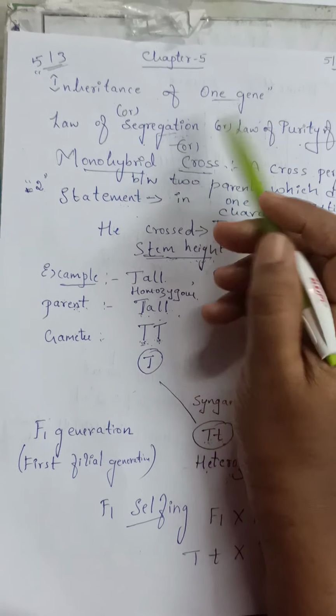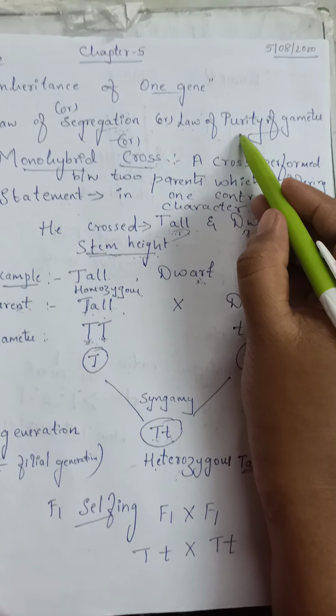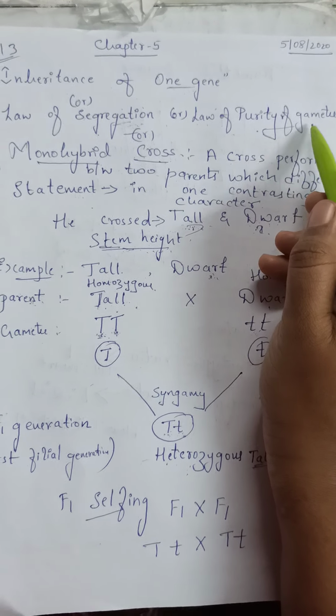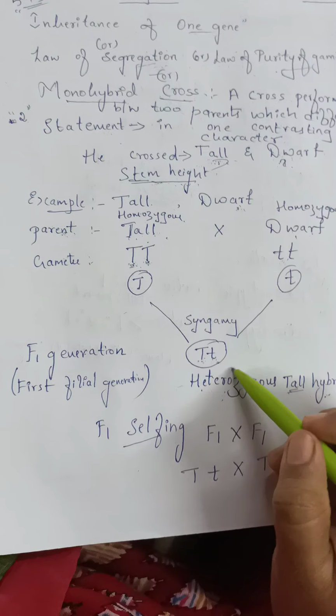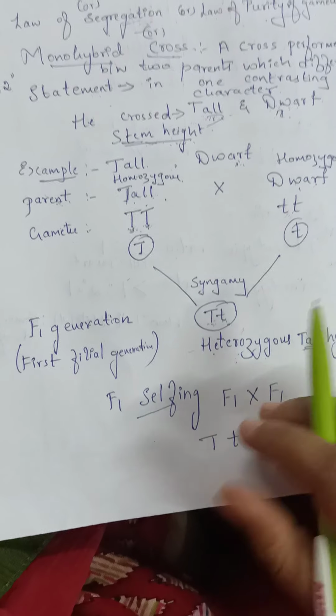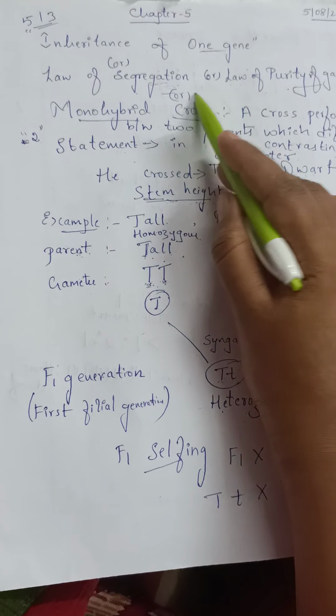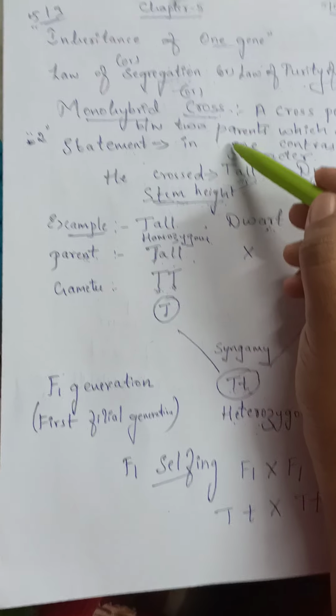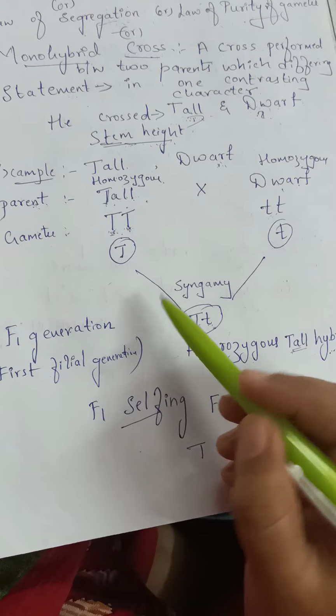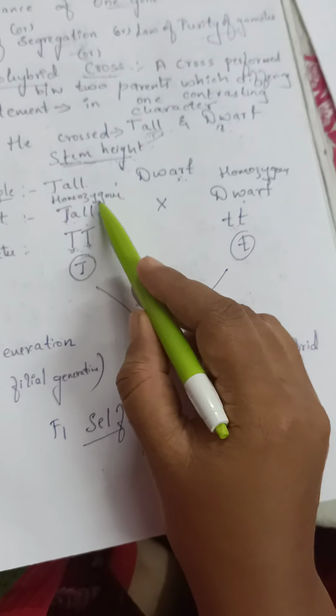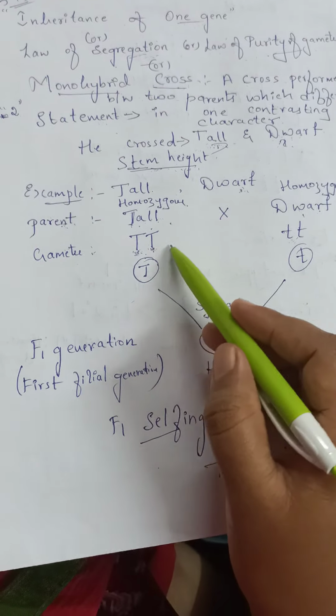See, segregation is nothing but separation. And one more is law of purity of gametes. For that I'll tell you the definition. So for this law of segregation or law of purity of gametes, one statement is there. The law states that, see, in a cross, see the example and try to understand.